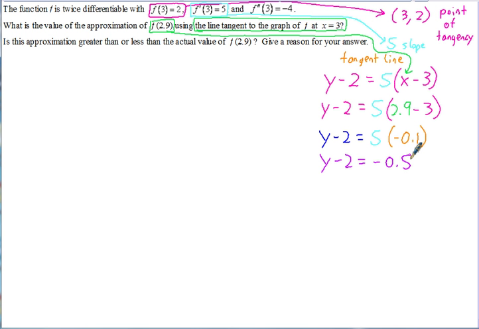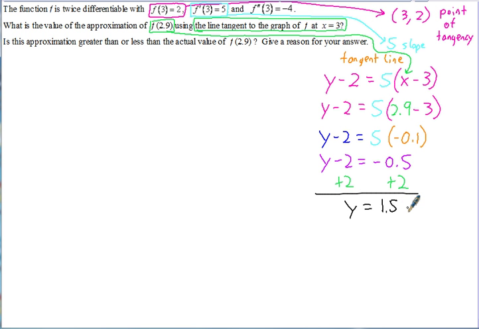And finally, we just solve it for y to figure out the y-coordinate on the tangent line when x is 2.9. So just add the 2. And we get y equals 2 minus 0.5 is 1.5.